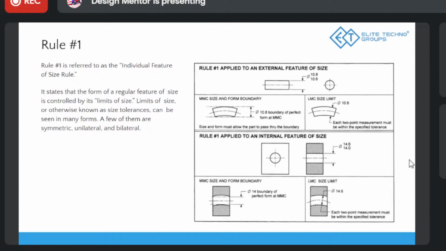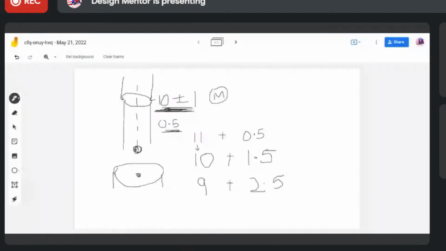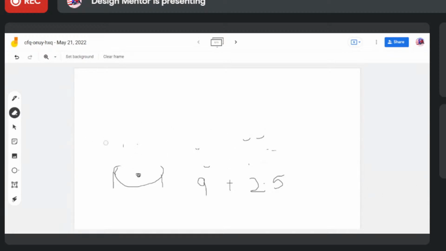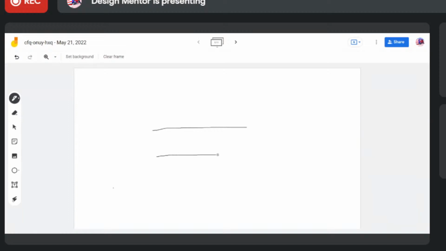Now, how it works: we go back to our drawing. Rule 1 says the form of a feature, in other words the shape of a feature, can vary according to the size of the feature. Let's take a shaft again, an easy example.